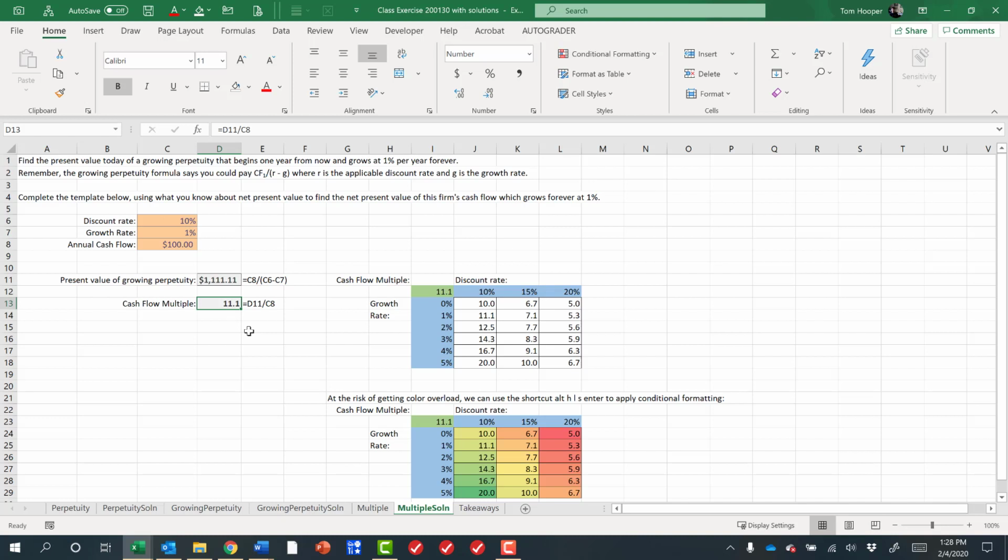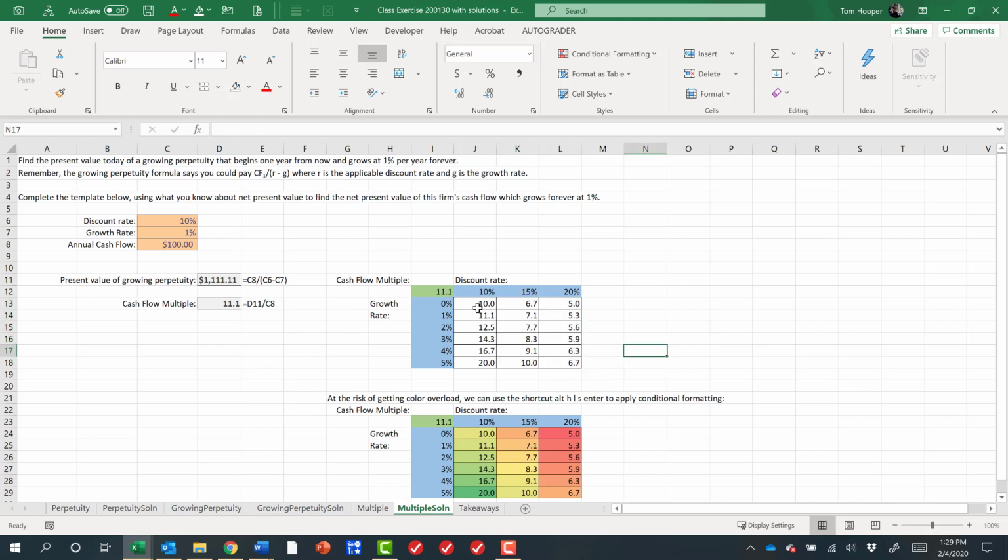At the beginning of class, we had done a little bidding exercise and found that most of the class was comfortable in the 5 to 10 cash flow multiple range. What the table tells us is that 10% was probably too low a discount rate, but 15 or 20 was probably better, particularly depending on what kind of growth rate we expected.